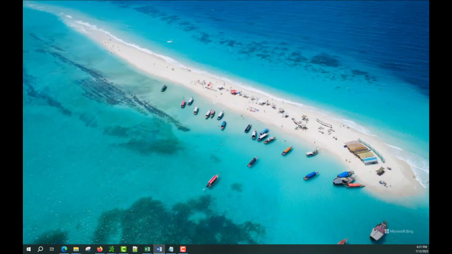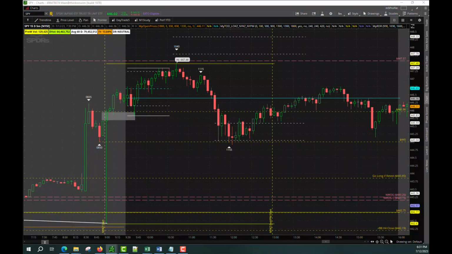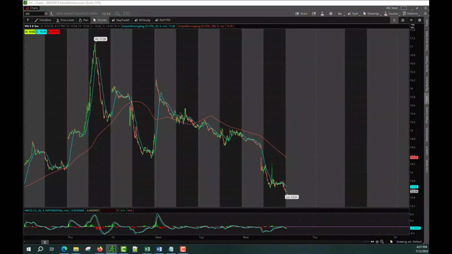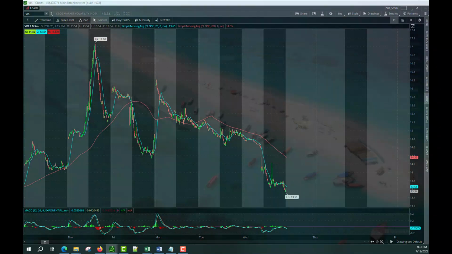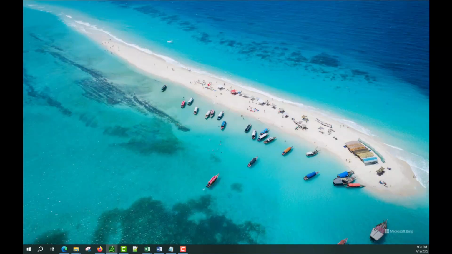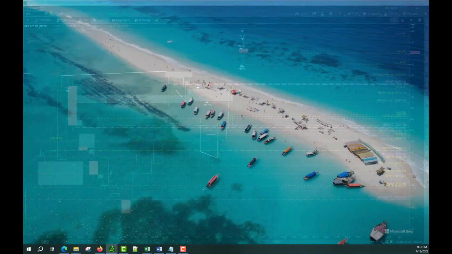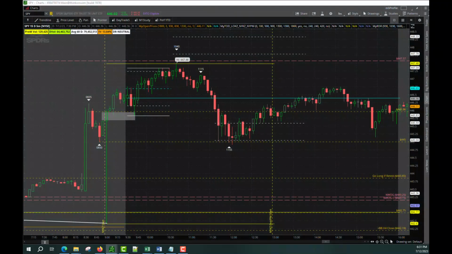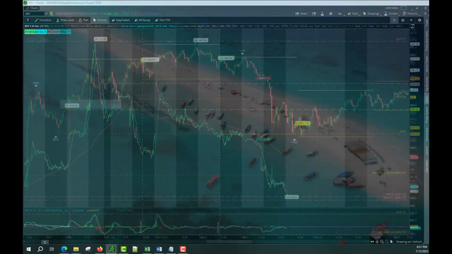Let's take a look at the 15-minute time frame and see if there's anything interesting. Remember, we did see the divergence. Where is my 15-minute time frame? It's got disappeared on me.